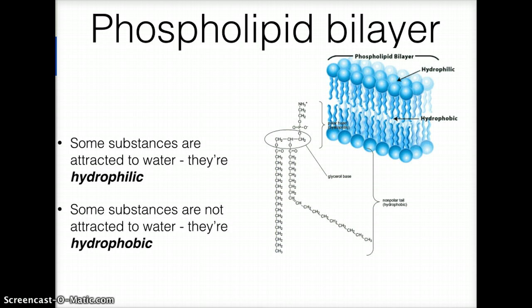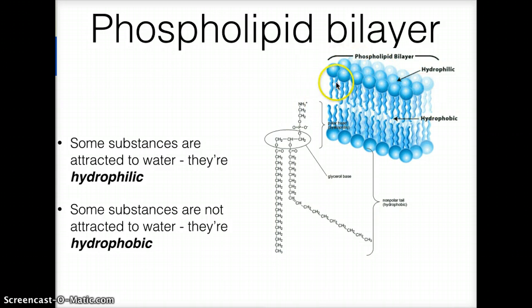So if we jump straight ahead to phospholipid bilayers, biological membranes consist of these phospholipid bilayers. A phospholipid is a lipid with a phosphate group attached, and a bilayer means a structure that consists of two layers. So as we see here, a phospholipid bilayer is made out of two layers of lipids.